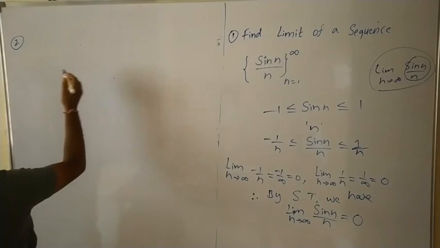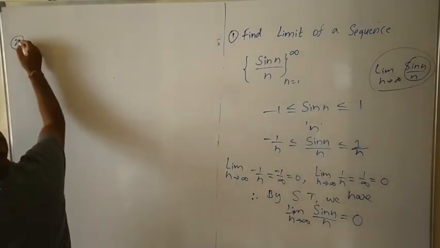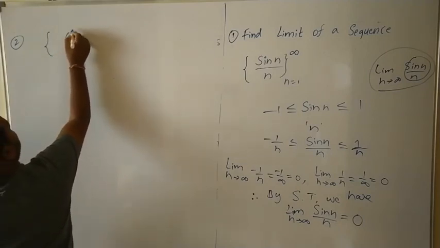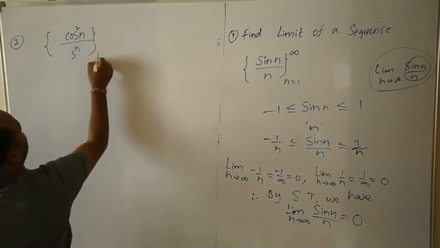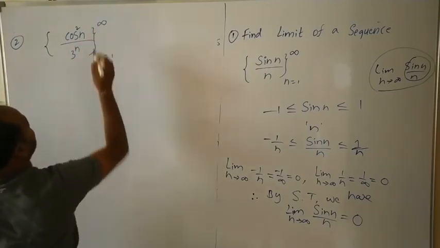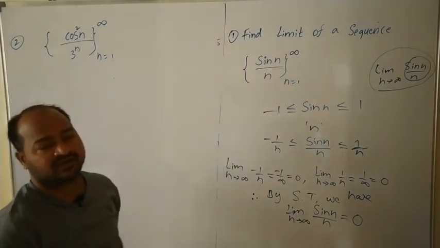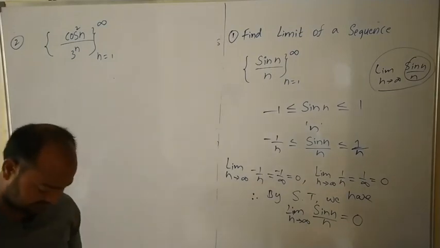Similarly, the same question: find the limit of a sequence. Suppose it is cos²(n)/3ⁿ, n equal to 1 to infinity. Find the limit of the sequence cos²(n)/3ⁿ.